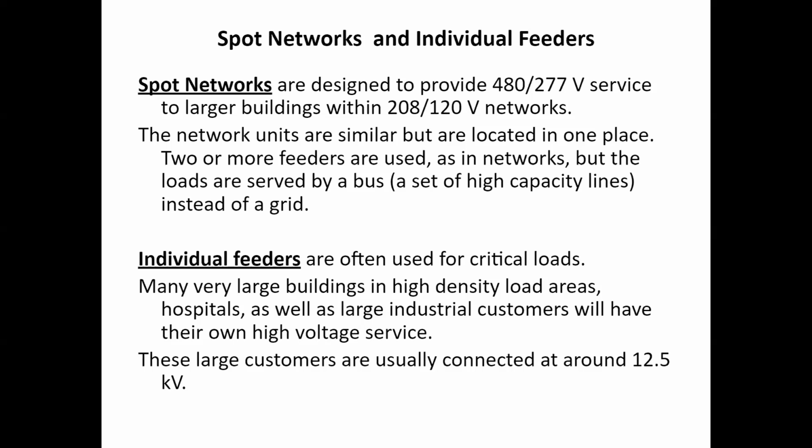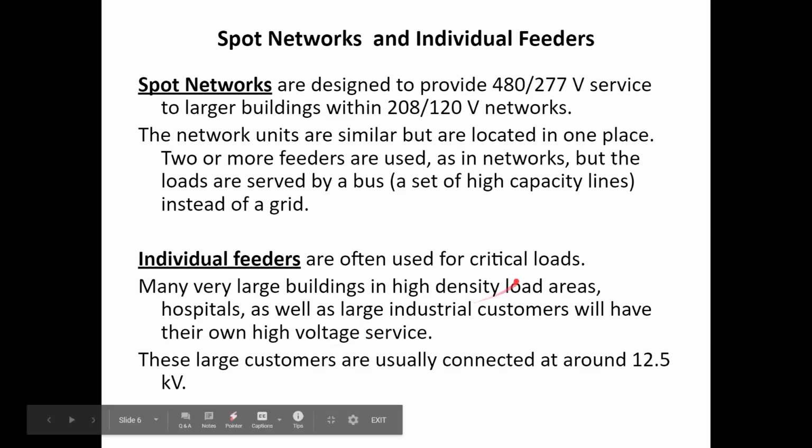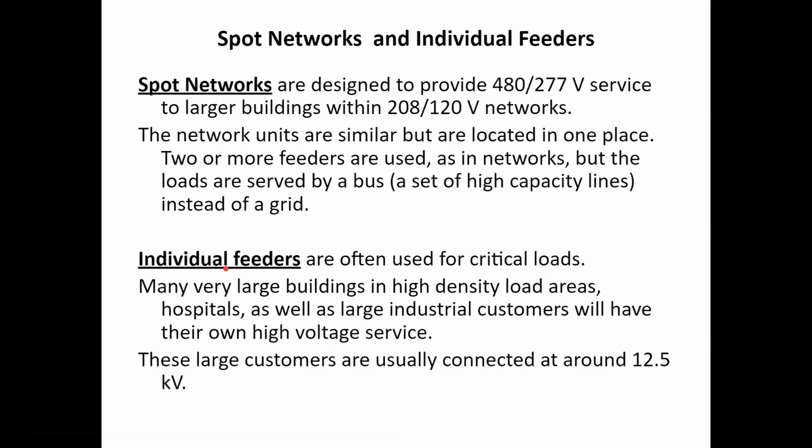But there is another main requirement for individual feeders. Individual feeders are normally used for critical loads. An individual feeder means you are giving a primary feeder directly to a load. For example, a hospital. If something happens somewhere near the hospital, the power supply to the hospital should not be disturbed.